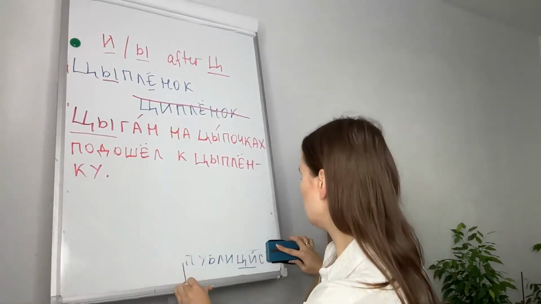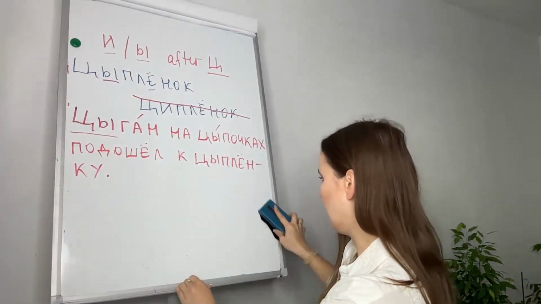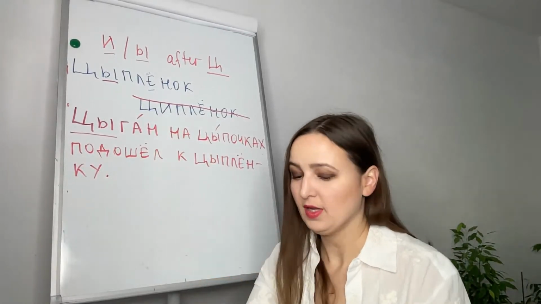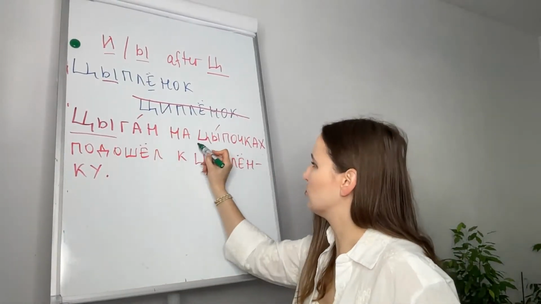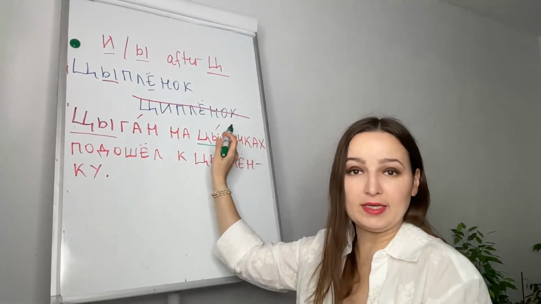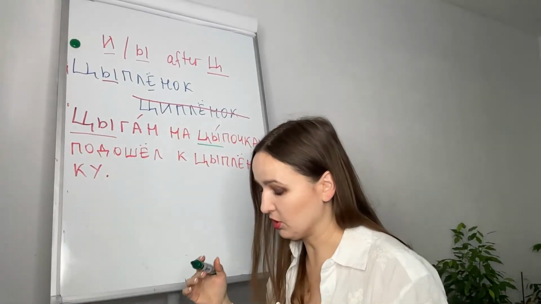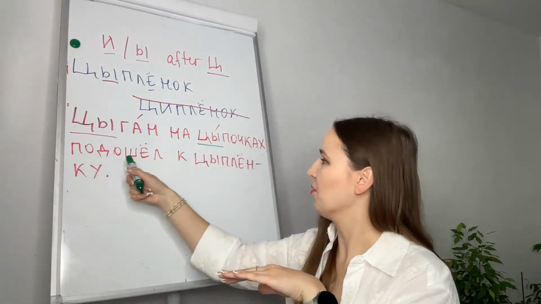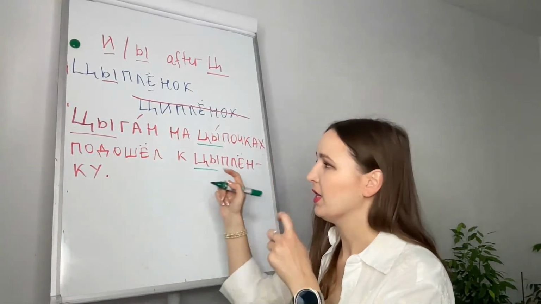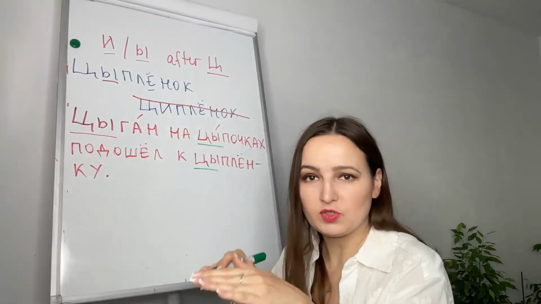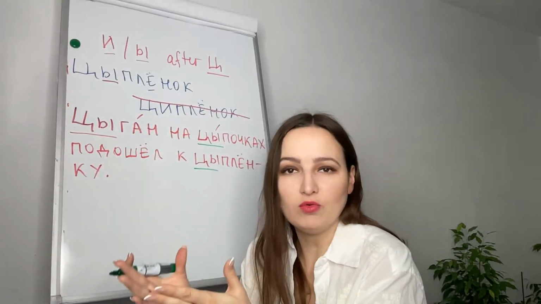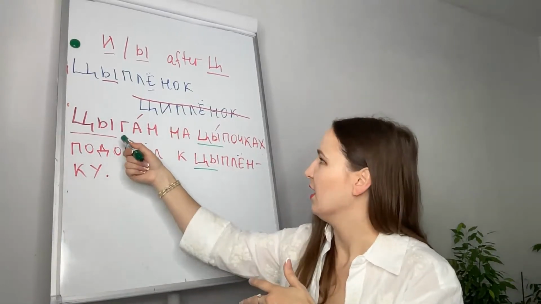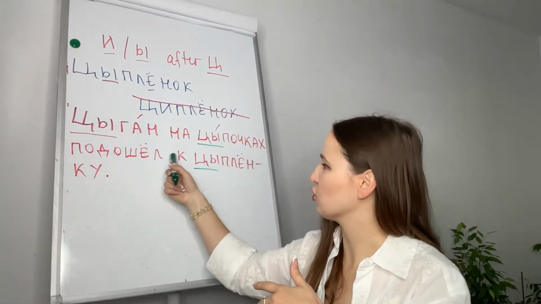A gypsy на цыпочках, on tiptoe. Here, according to the rule, we have to write И, but this is an exception. На цыпочках means on tiptoe. A gypsy on tiptoe подошел, approached a chicken, к цыпленку.